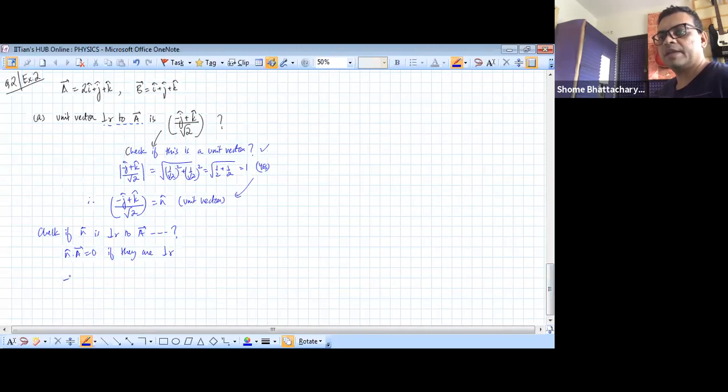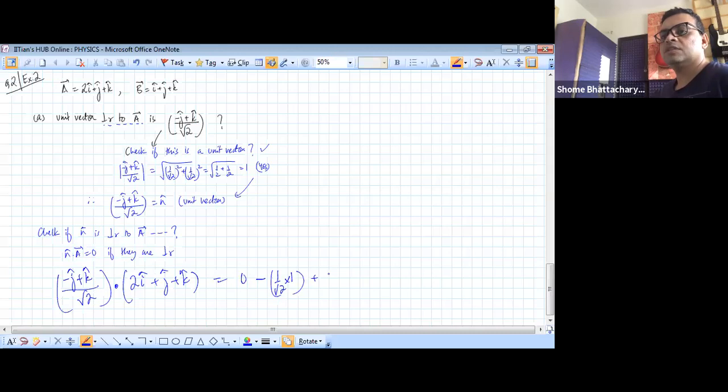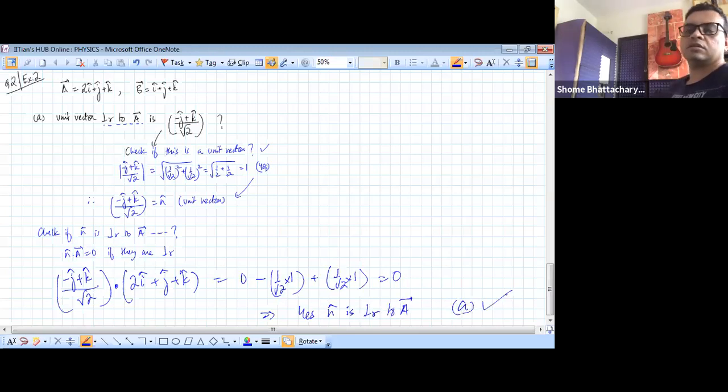This unit vector is minus j plus k, the whole divided by root 2. Its dot product with A, which is 2i plus j plus k, is 0 minus 1 by root 2 into 1 plus 1 by root 2 into 1. That is 0. So yes, n cap is perpendicular to the vector A. Therefore option A is a correct option.